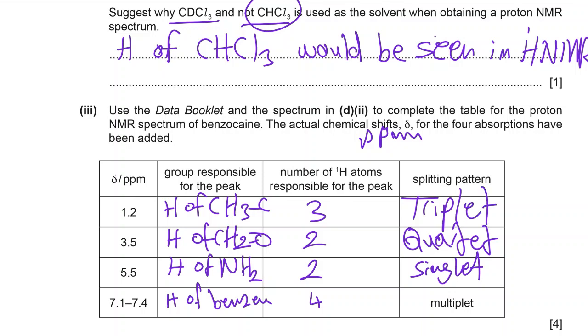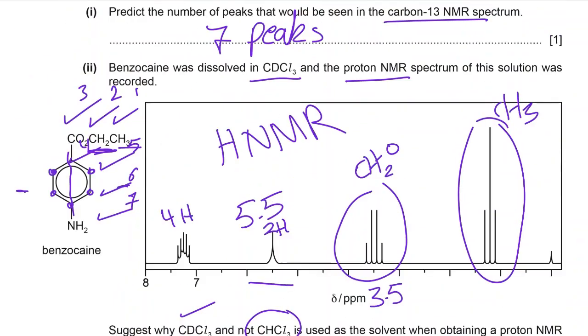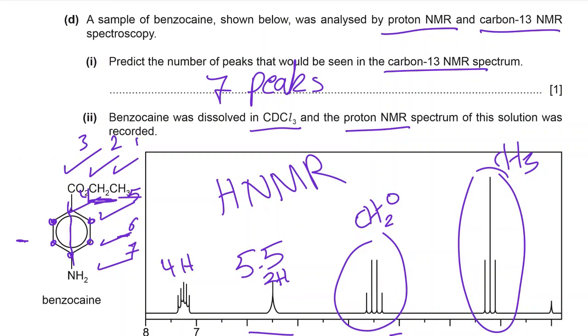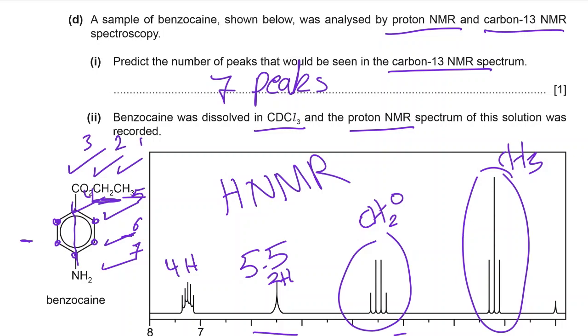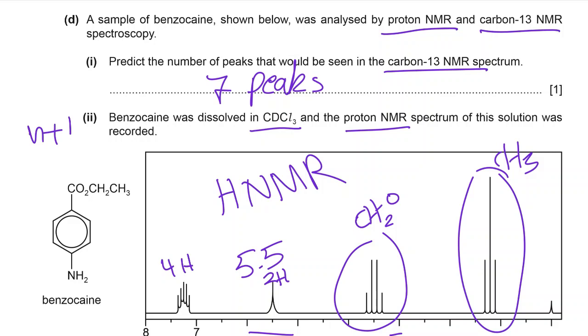Now let me explain why it's a triplet or why it's a quartet. According to this rule, n plus 1. Now I'm talking about CH3.